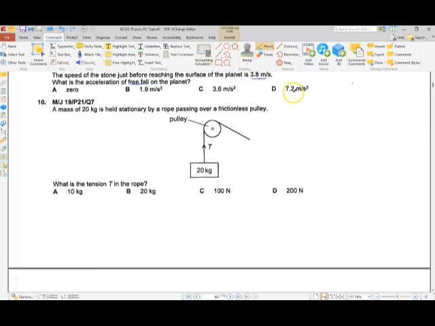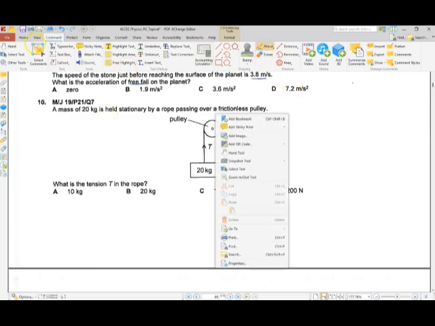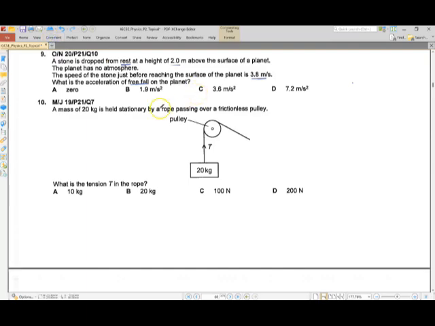Now, maybe you've not done this formula, that is Vf square minus Vi square is equal to 2As, where this is the final velocity, this is the initial velocity, this is acceleration, and this is the distance.